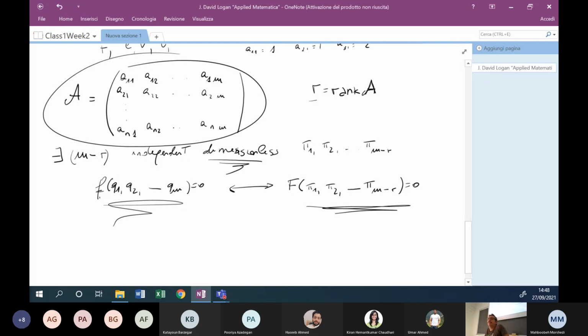So what I'm doing is saving a lot of effort, because I have fewer variables than in the first problem.